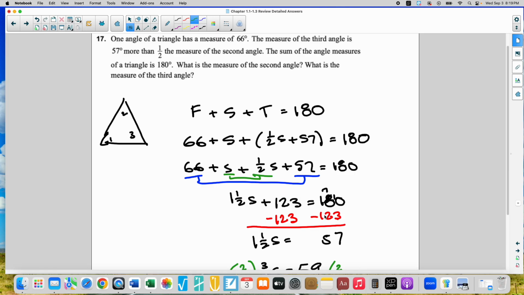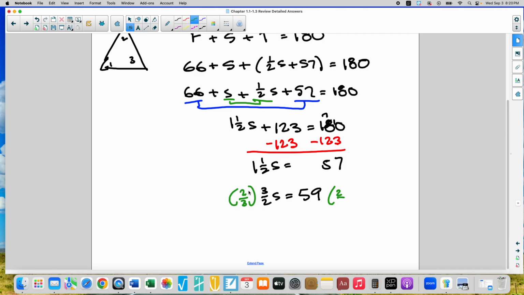Minus 123. That's good. What is the measure of the third angle? Sum of the angles equals 180. First plus second plus third. 66. One angle. Okay. Reciprocal. 2/3. Stay with it.